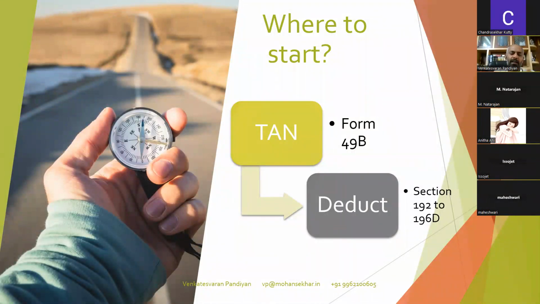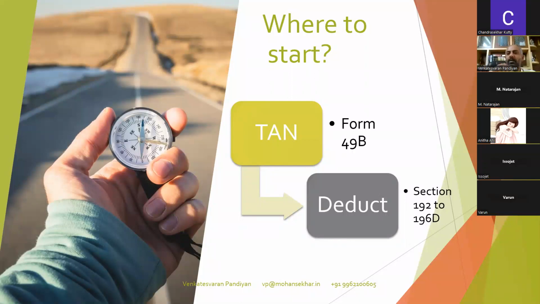So, as per the Income Tax Act, sections 192 to 196D talk about TDS. Why am I mentioning the sections? Normally, I don't do it in these kinds of sessions. The reason is, when you fill a challan for the remittance of TDS, you are always required to mention the nature of payment on which tax is deducted.